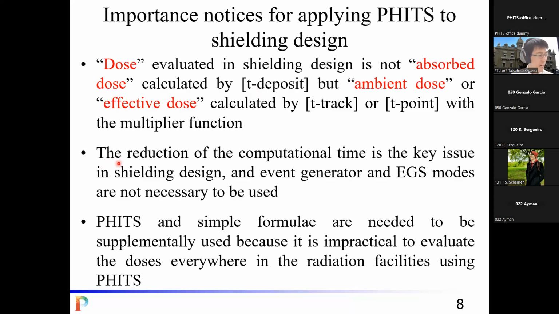And reduction of computational time is very often the key issue in shielding design, because actual facilities are meters or sometimes kilometers large. In such calculations, the CPU time tends to be long, like days, weeks, or sometimes months. So saving CPU time is one of the top priorities. So event generator and EGS mode are not necessary in most of the cases. We often turn off these functions for the sake of CPU time.